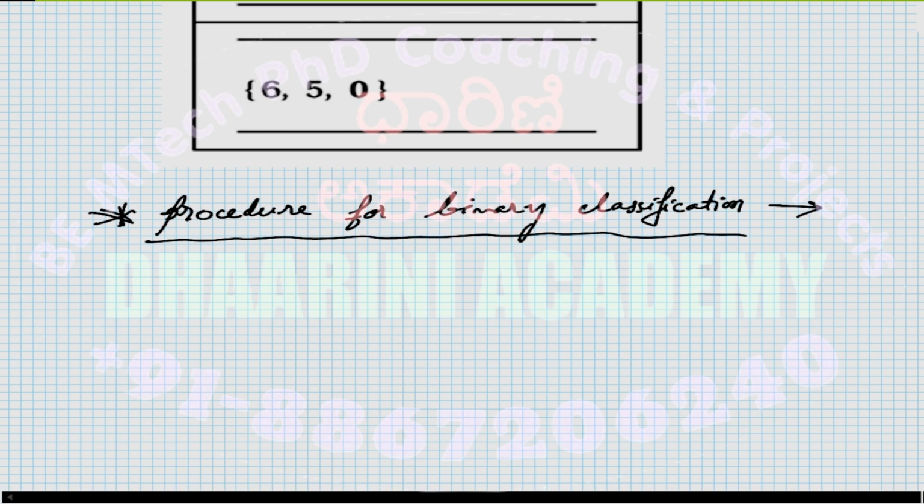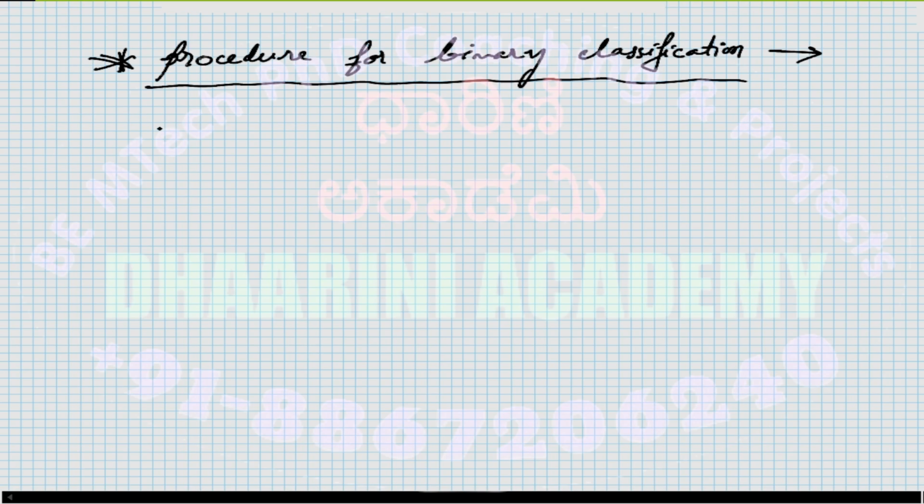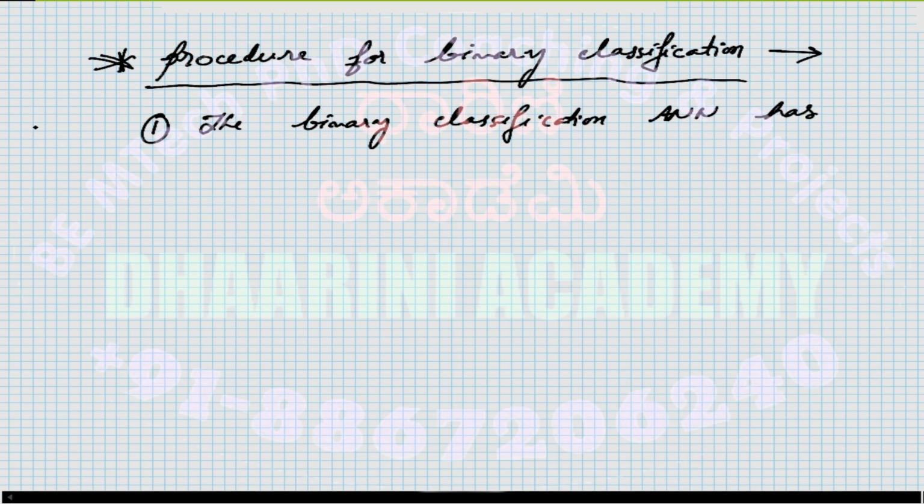Procedure for binary classification. Step number one: the binary classification artificial neural network has how many nodes?